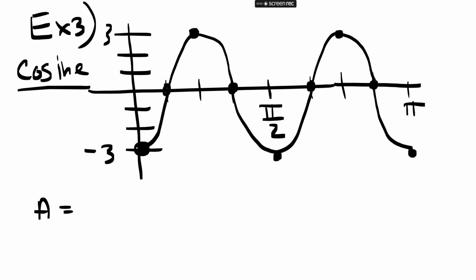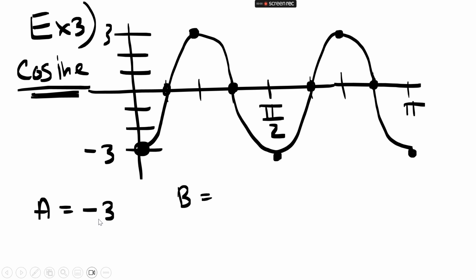All right, about 10 more seconds here. And let's go with it here. So it is an upside down cosine curve, is that right? It goes upside down. So I'm going to start off with -3.